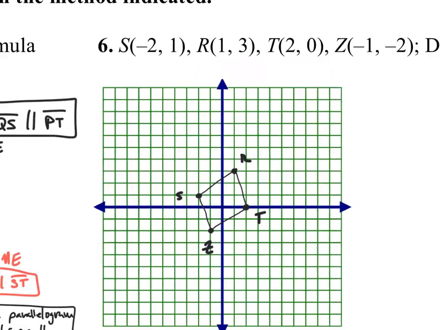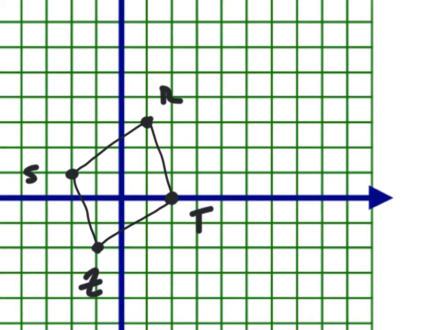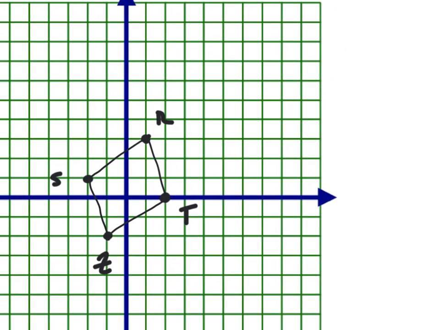And so, it doesn't matter which one of these I choose, but it wants me to use the distance formula and the slope formula to figure out whether it's a parallelogram. So what I'm going to do is I'm just going to choose SR and ZT, okay?